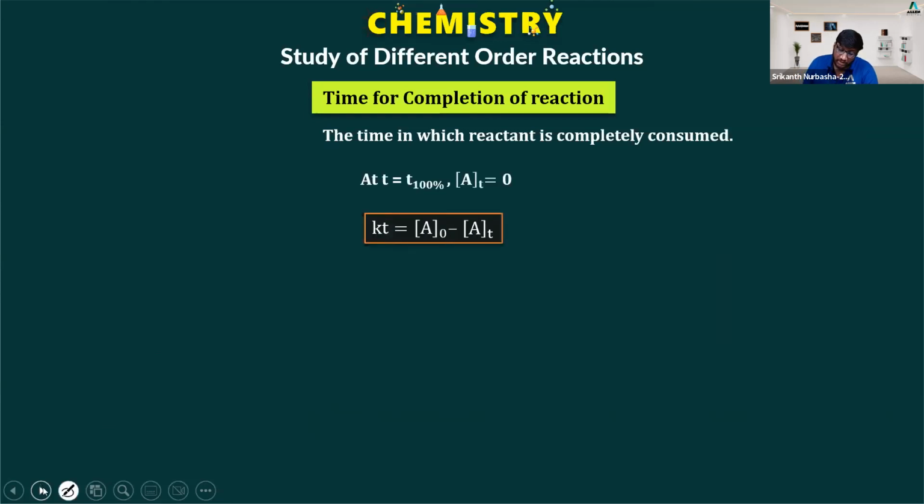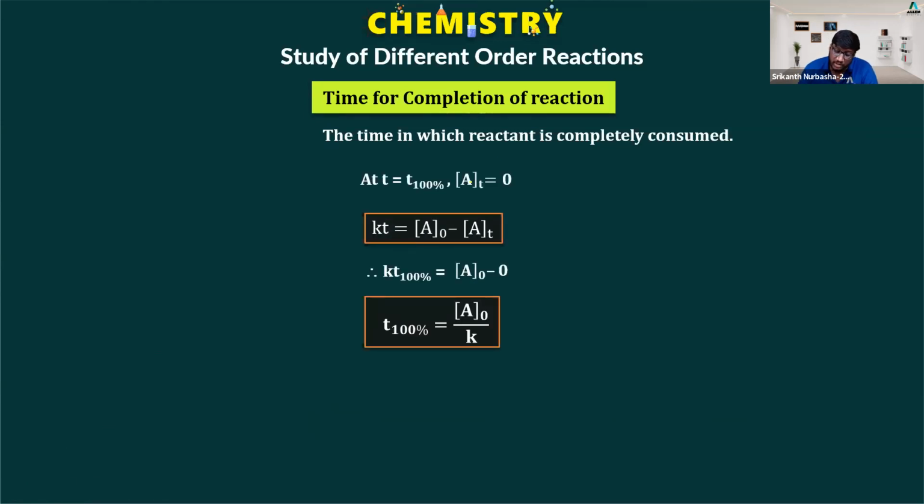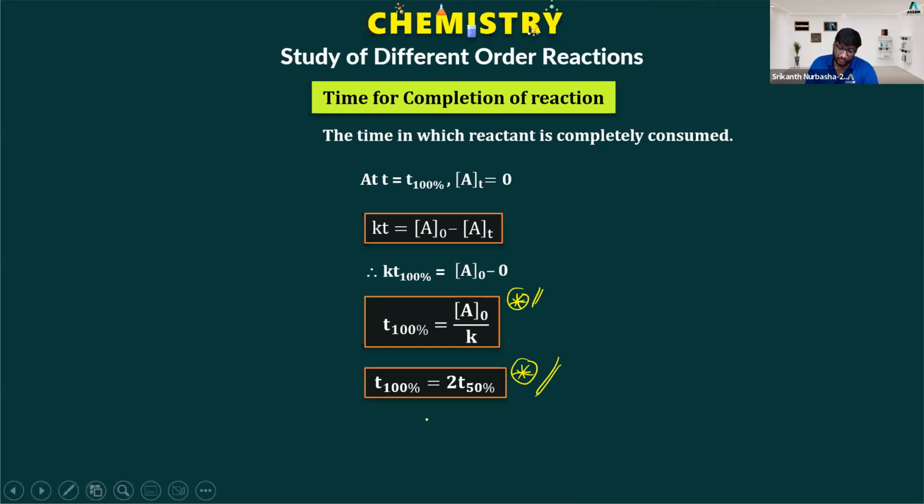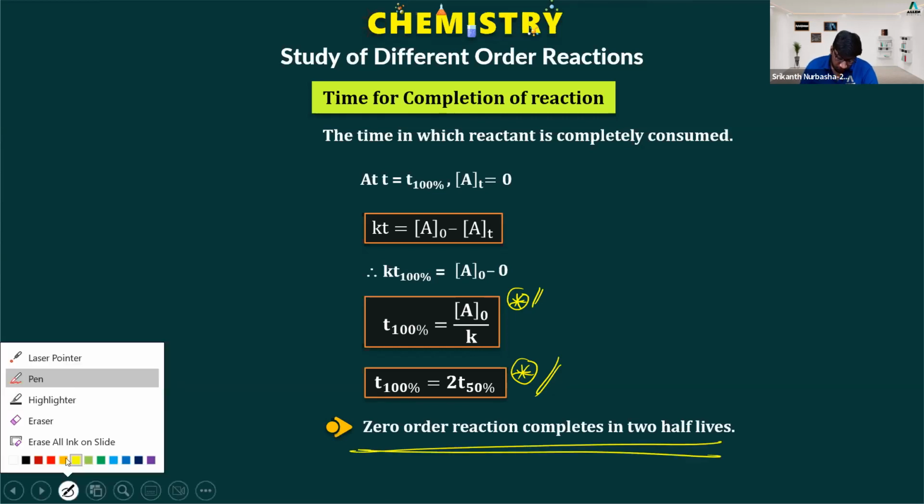Just now we said, at time T 100%, concentration of A is equal to 0, so T 100% is initial concentration of A by K, which is 2 times T half. That is the time required for completion of the reaction. So a zero order reaction completes in 2 half-lives.